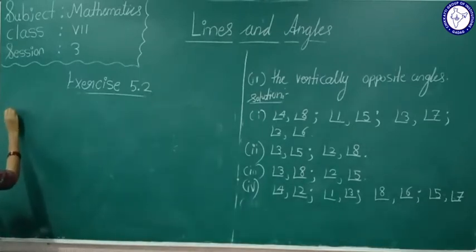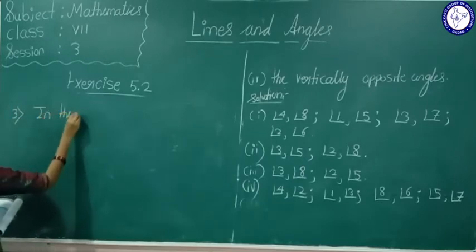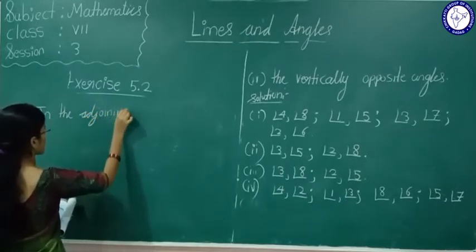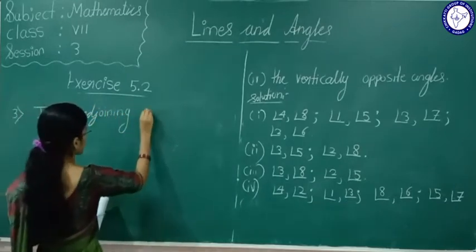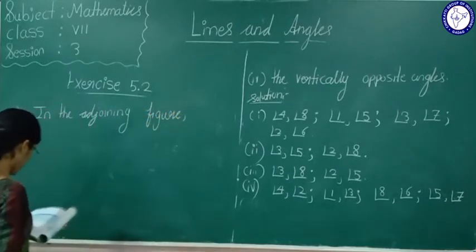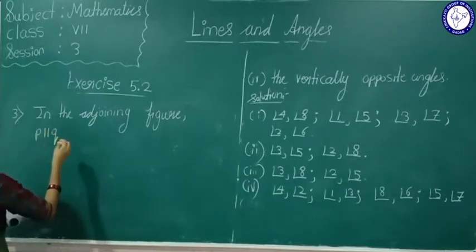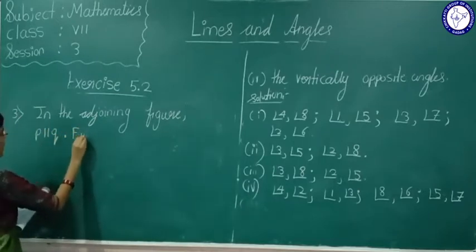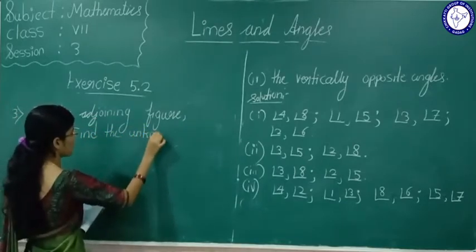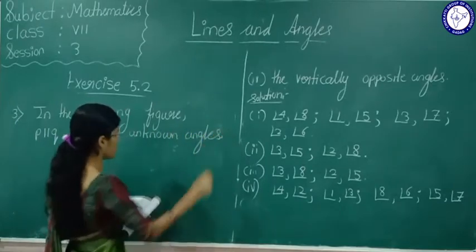Now see, the third one they have given. In the adjoining figure, P is parallel to Q. Find the unknown angles.